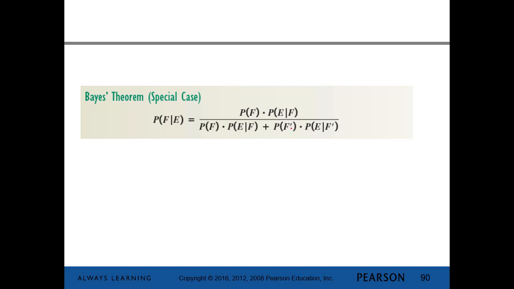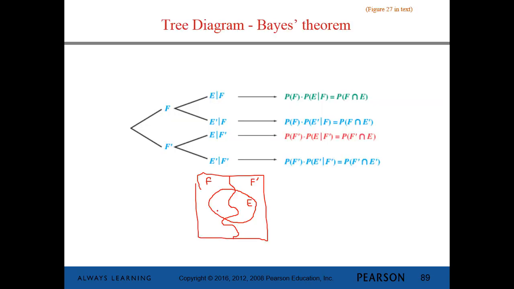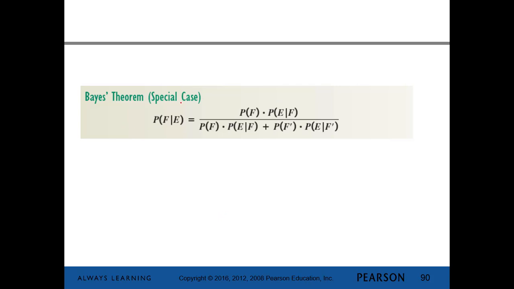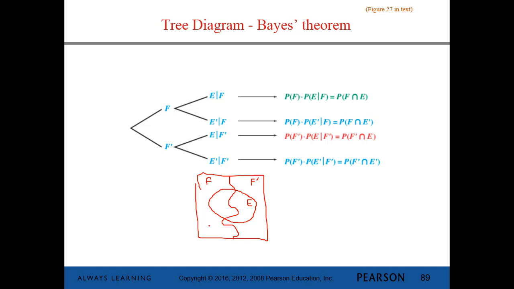No, I meant E. This is the total probability of E, because this is the probability of F and E, and this is the probability of not F and E. If I add those together, I get E. So you can see that Bayes' theorem is the conditional probability of F and E divided by the probability of E. It's just using another formula because of the situation, and we get something like this, okay?